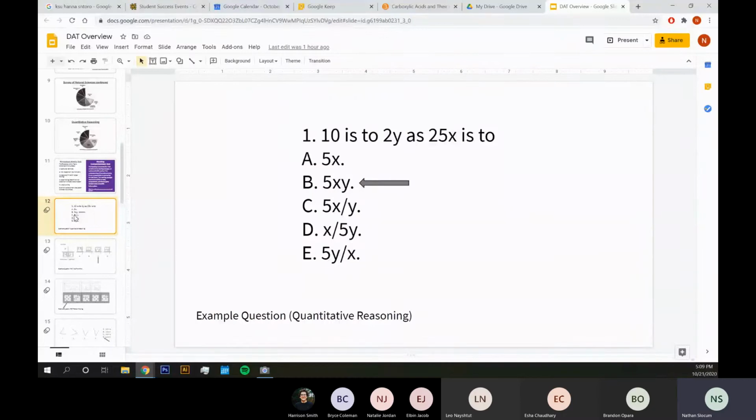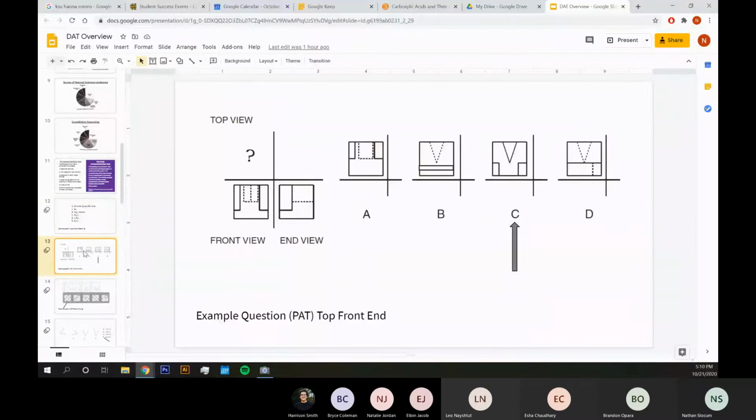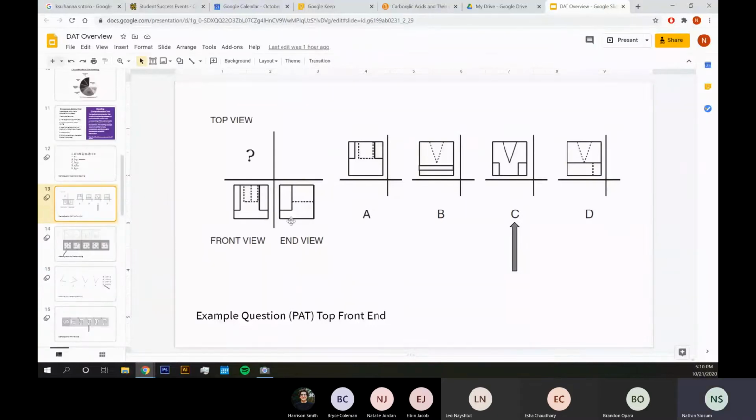From the quantitative reasoning section, this is the basic algebra, where 10 is equal to, well, it takes a second to think this through, but the answer is 5xy. And here's the top view.